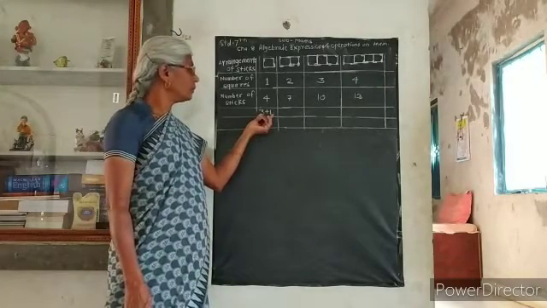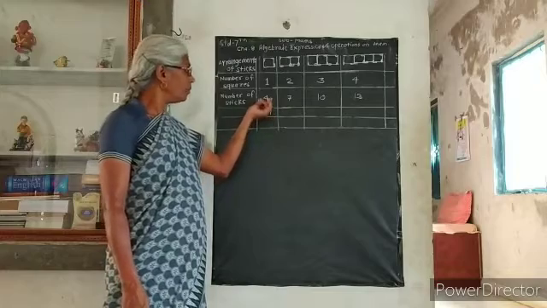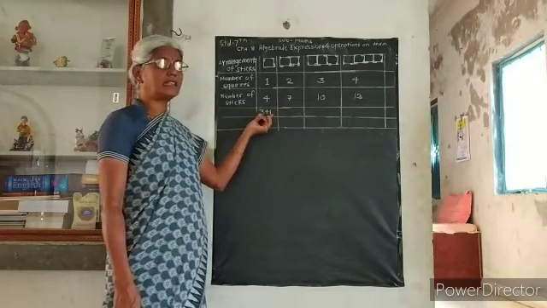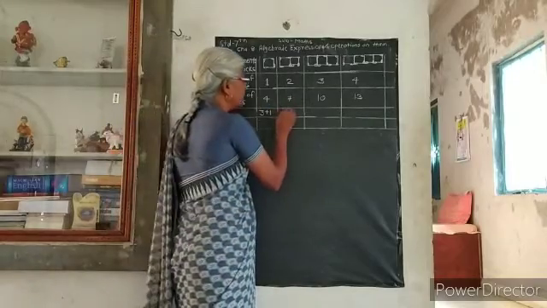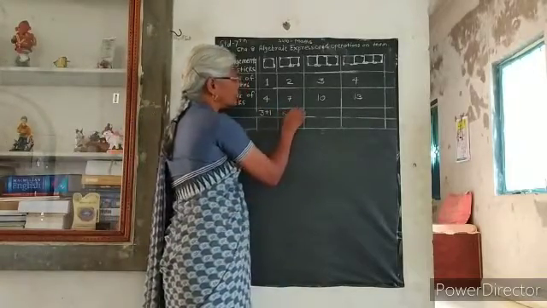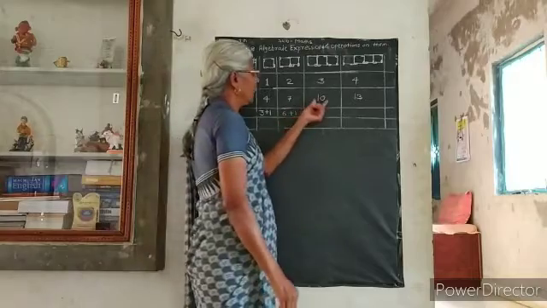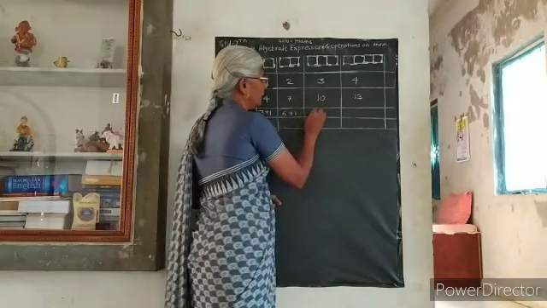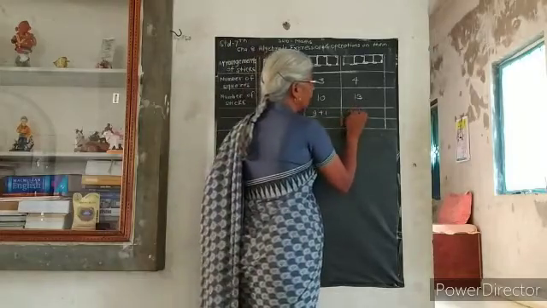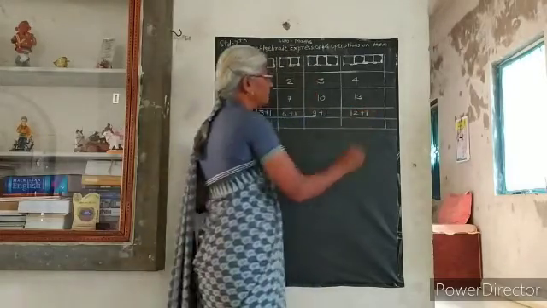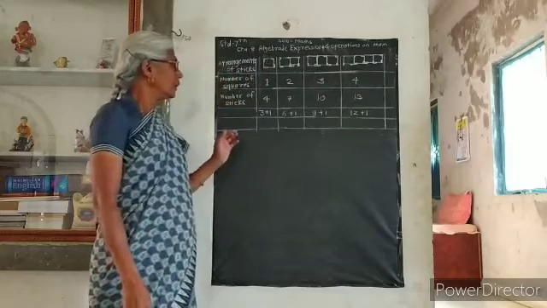We write it in another method. The number 4 is written as 3 plus 1. The number 7 we write like 6 plus 1. 10, 9 plus 1. 13, 12 plus 1.